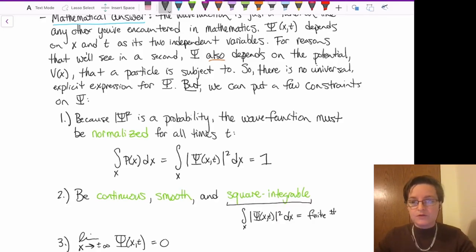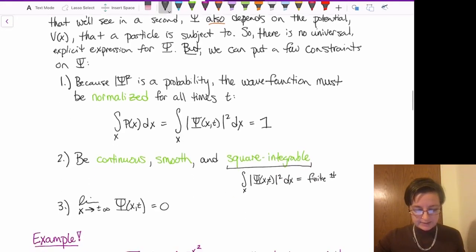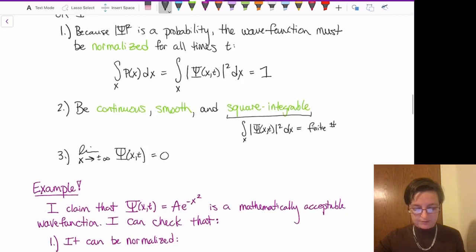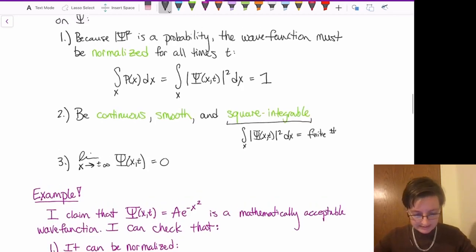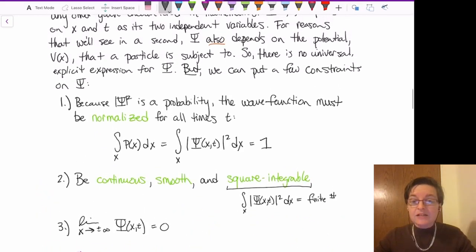Nevertheless, we can put a few mathematical constraints on psi. The first constraint is something that's going to harken back to our first lecture. Constraint number 1 mathematically is that psi squared represents a probability. And therefore, in the same way that last time we talked about how if we have a set of situations that encompasses all possible things that could happen, the sum of probabilities has to add up to 1, the same normalization condition ends up being true of psi.